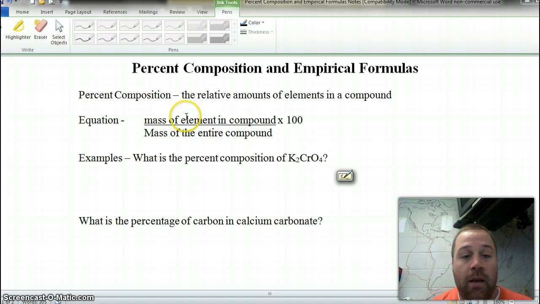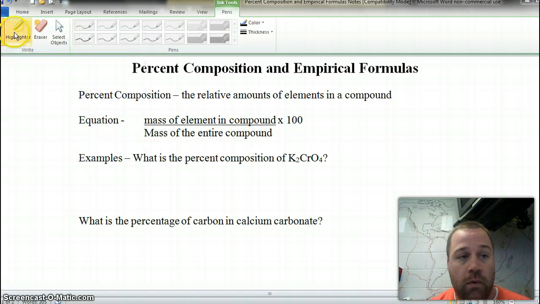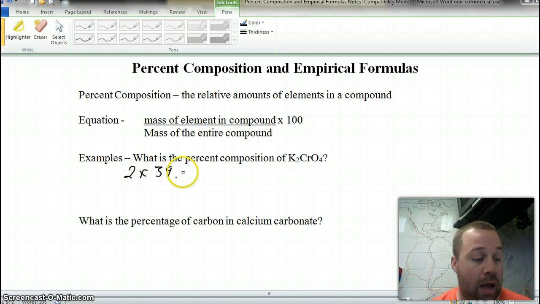The mass of the element in the compound divided by the mass of the entire compound times 100. So just like you've been doing with finding molecular mass, you need to start by finding the total molecular mass of this compound. So for the first example here, we have K2CrO4. To add up the mass, you're going to have 2 times the mass of potassium, which is, we'll call it 39.1.